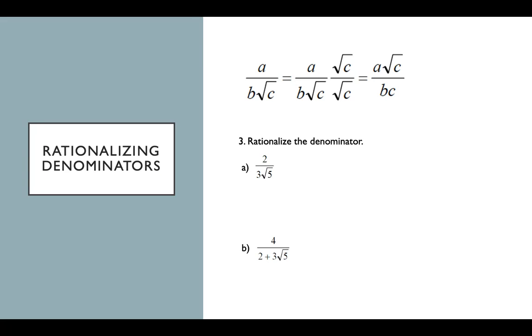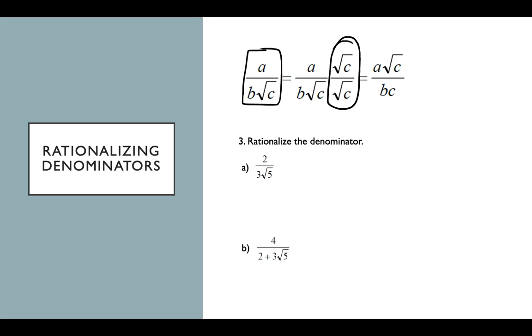So this is a simple rationalizing denominator. As you can see in this example, we have a radical, square root c. To get rid of square root c, you're going to multiply top and bottom, numerator and denominator, by that radical only.